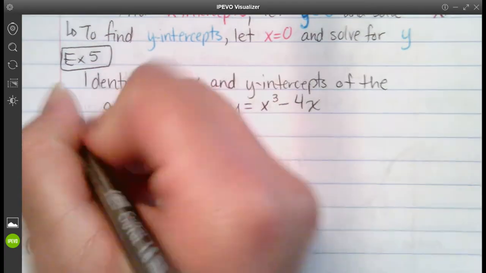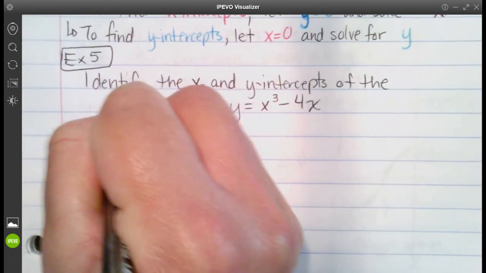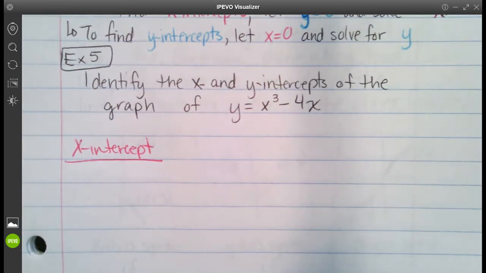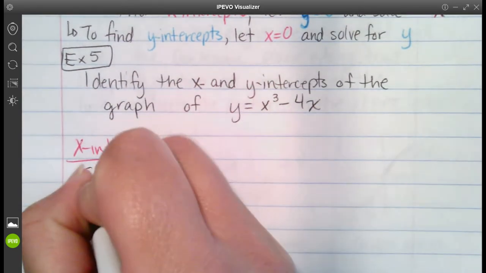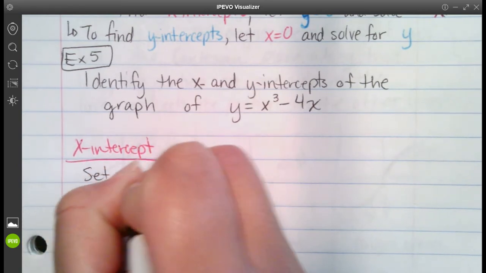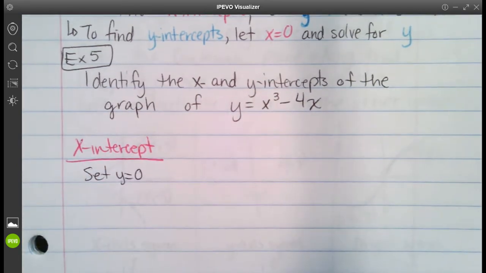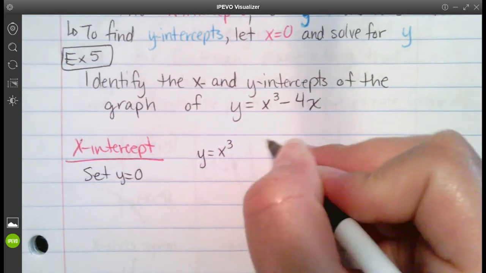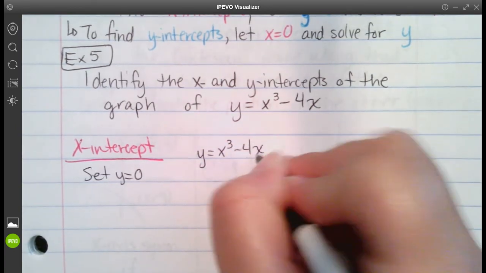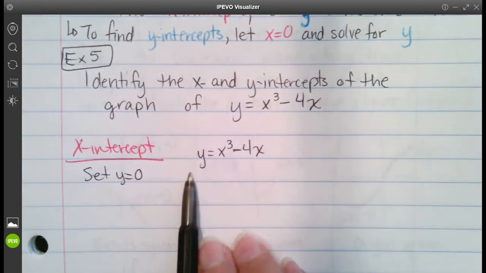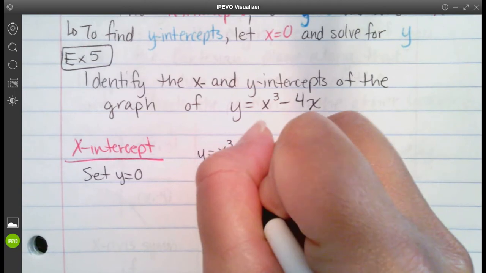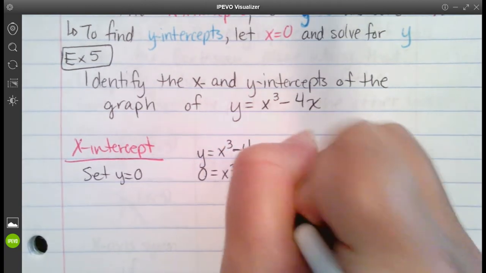So for the x-intercept, okay, we're going to set y equal to 0 and solve. So I'm going to copy my equation, y equals x cubed minus 4x. And instead of the y, I'm going to put a 0 there. So 0 equals x cubed minus 4x.